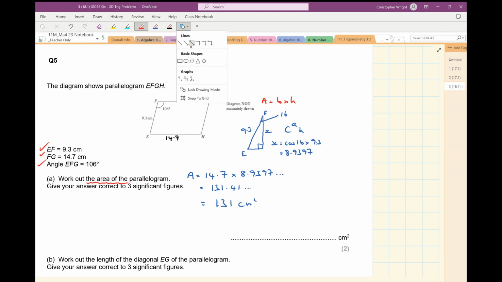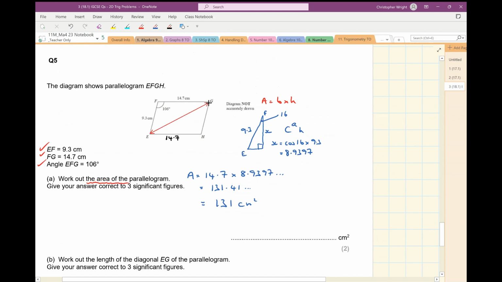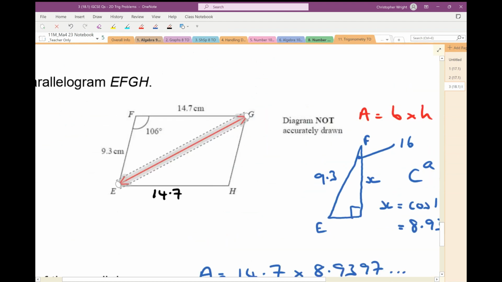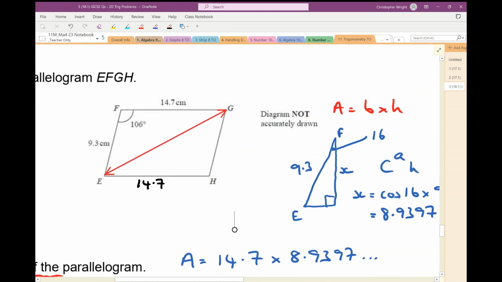Let's draw that and have a look. There it is. Right. Now, I wonder if I couldn't do something here. And then here, look at that. Because then I could use Pythagoras, couldn't I?